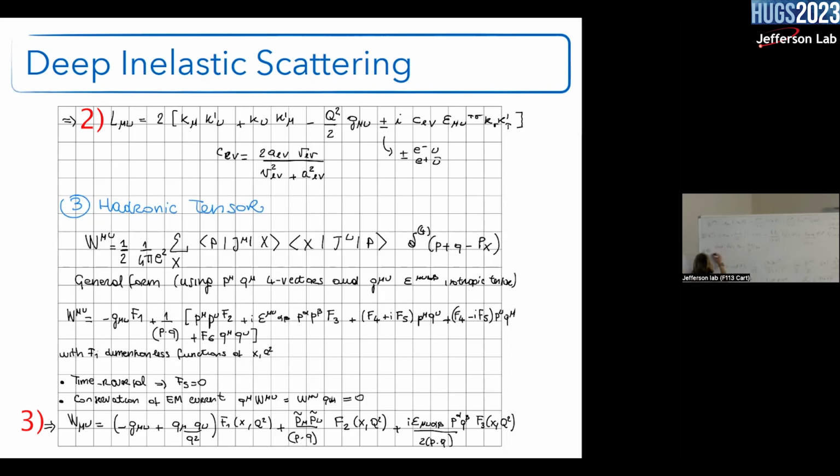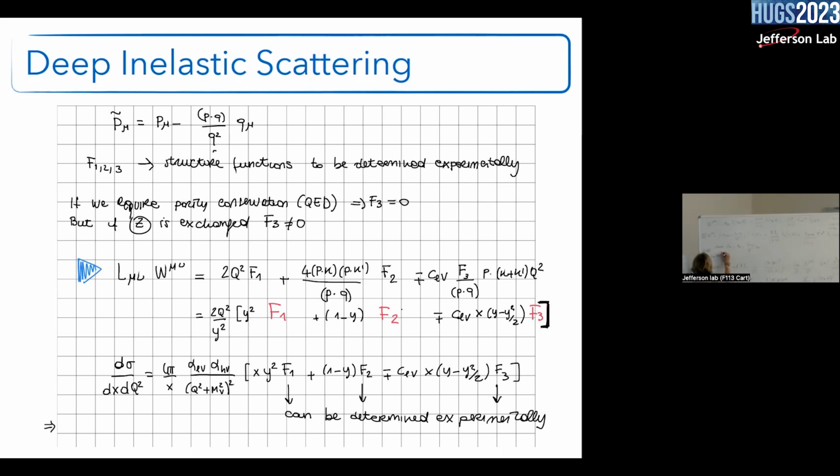And then you get that L^{μν} W_{μν}, so you contract the indices here, is equal to 2q² divided by y², the inelasticity, then you have y² F1 plus (1 − y) F2, minus or plus, depending on neutrino and antineutrino, c_LV x_Bjorken (y − y²/2) F3.